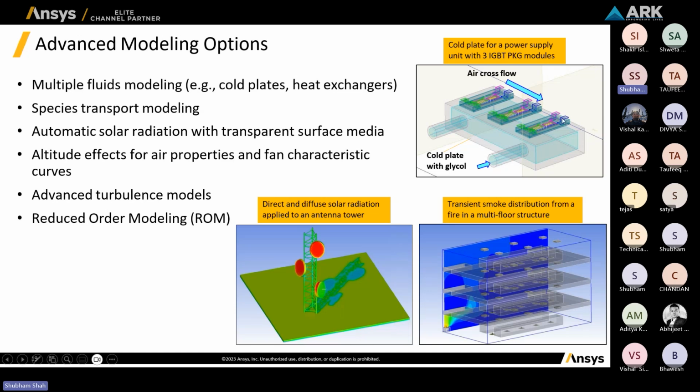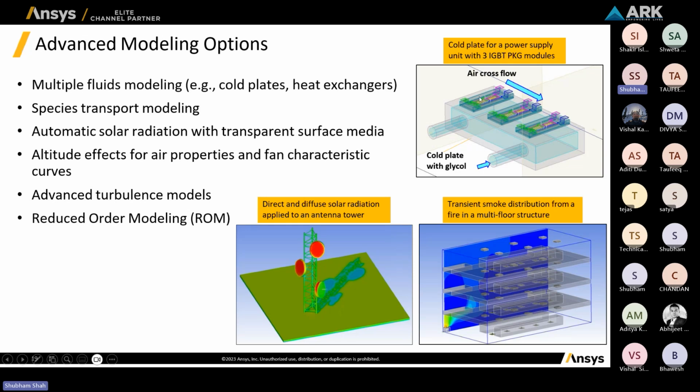Your three PCB components or board components, you can say, are placed over there. And there is a cooling channel designed at the bottom of that. So when the cooling channel comes into the picture, on the bottom there is a cold plate with glycol. So glycol is flowing around and your air is flowing in this direction, right?